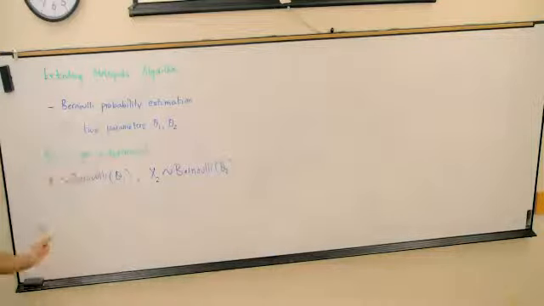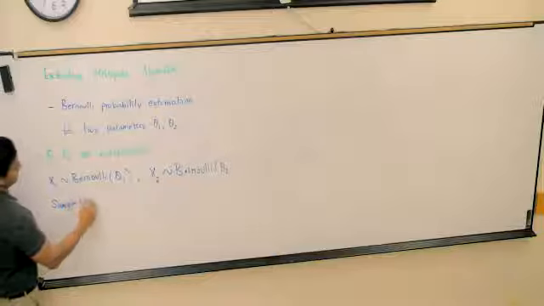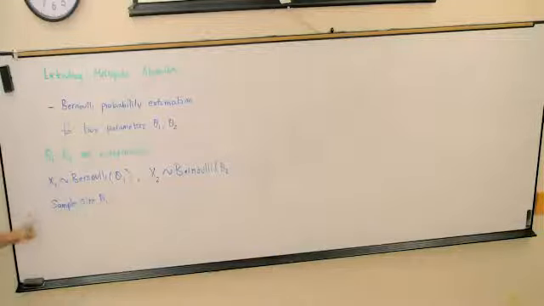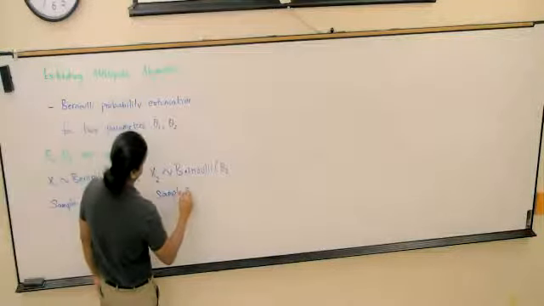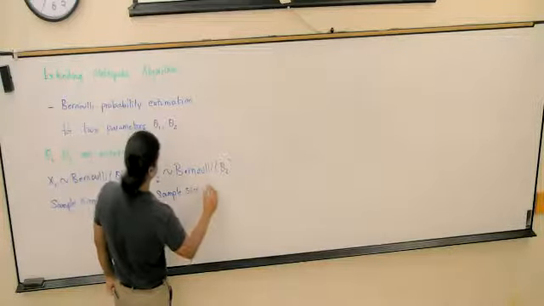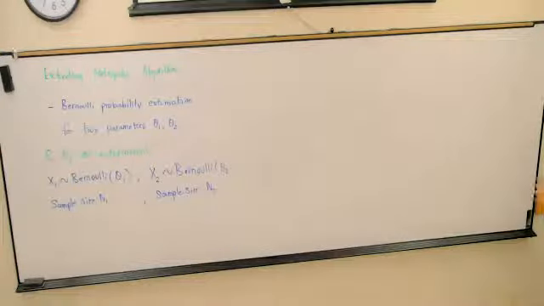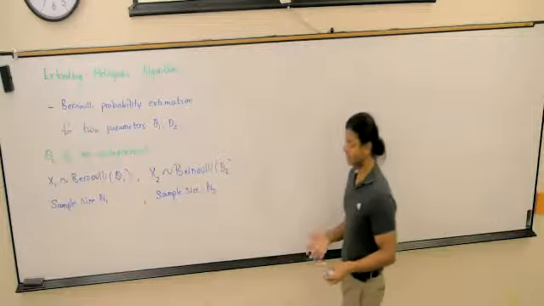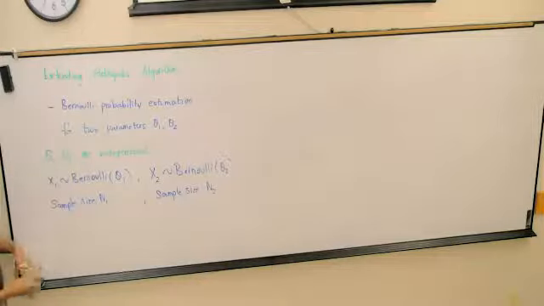X2 is Bernoulli theta 2. And we can have observations, let's say n1, the sample size, and here n2. Standard notation: success means the observation is 1, failure means the observation is 0.